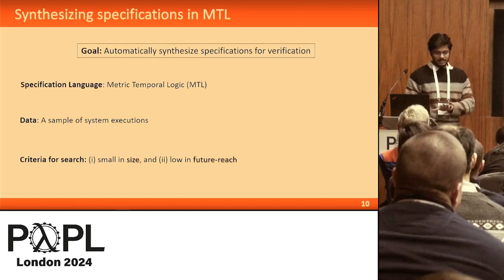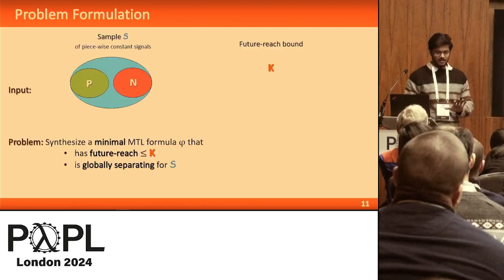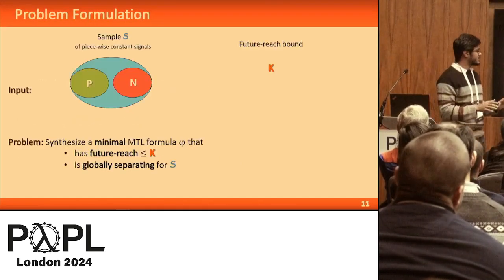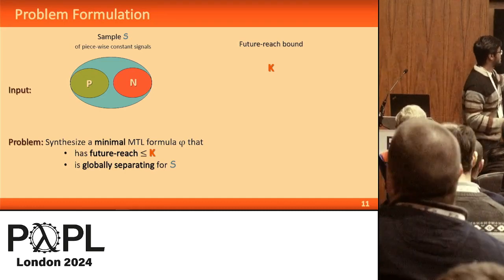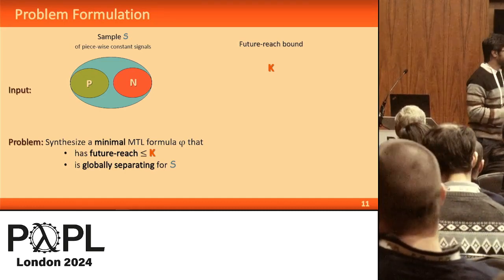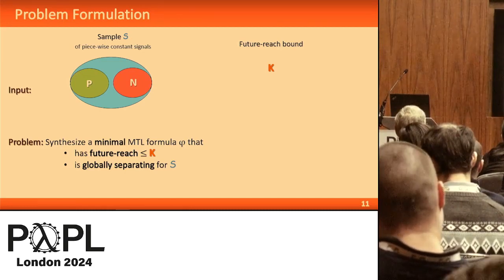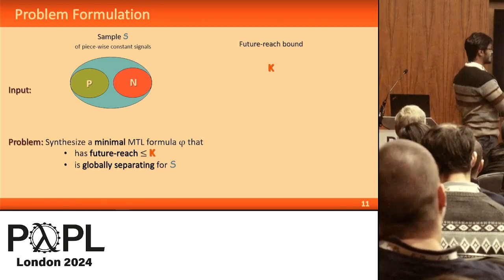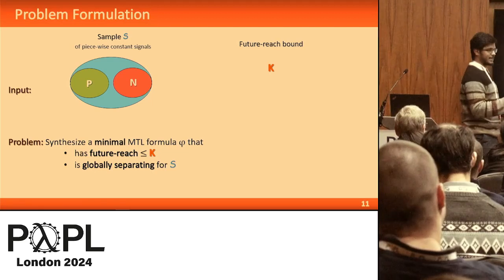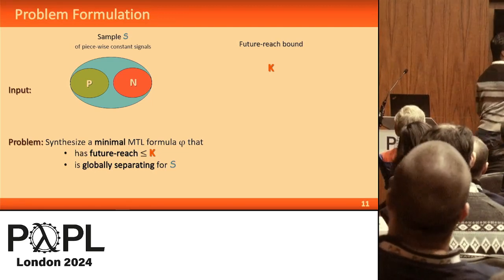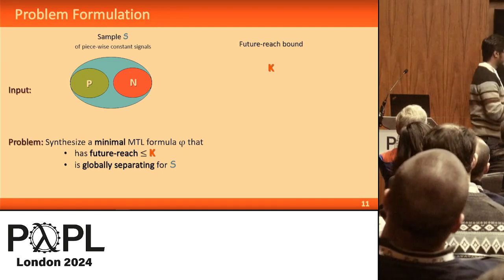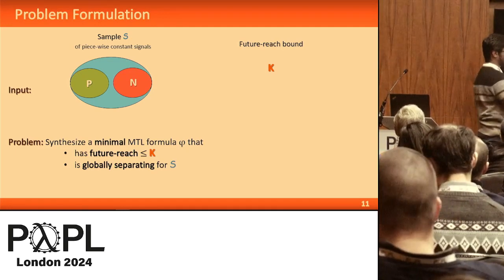So having defined the basics, I would now give the formal problem definition. We have as input a sample consisting of positive and negative piecewise constant signals, and we have a future reach bound, and we would like to synthesize a minimal in size MTL formula that has future reach less than or equal to the future reach bound and is globally separating for the sample.